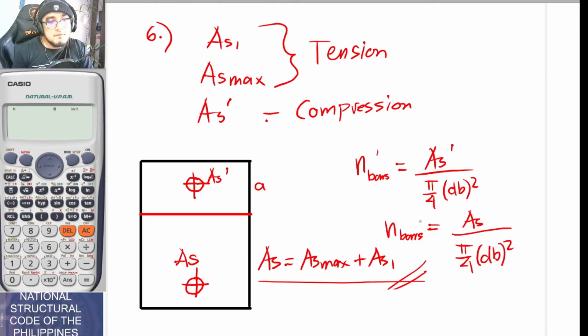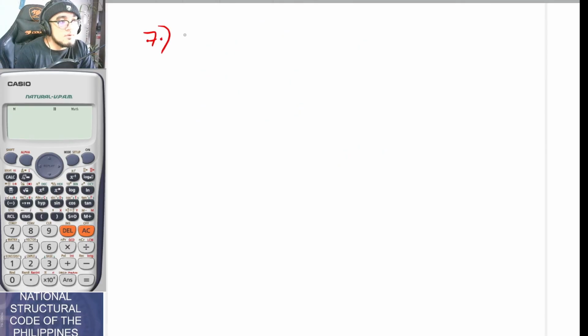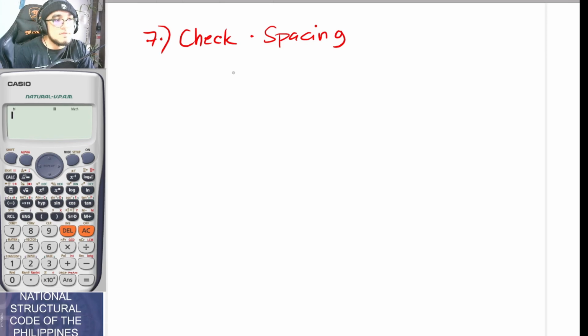Okay, after solving for n bars and n bars prime, you will now check the spacing. If you remember, we have provisions from NSCP that the clear spacing, Sc, should be greater than or equal to 25 mm.